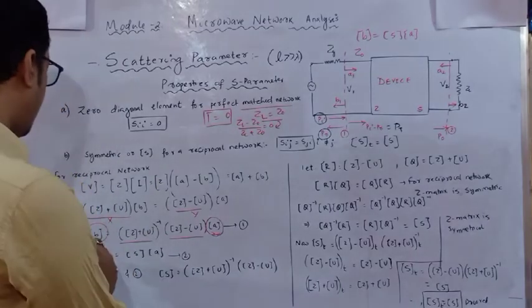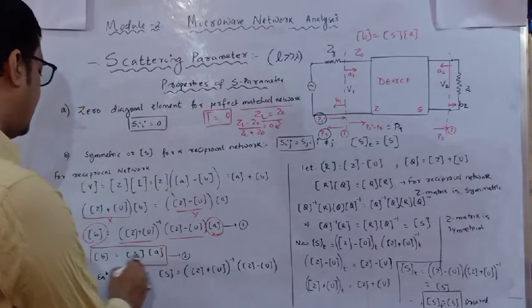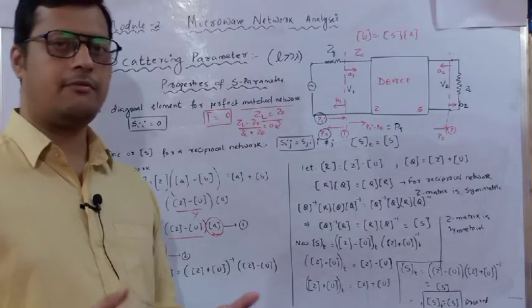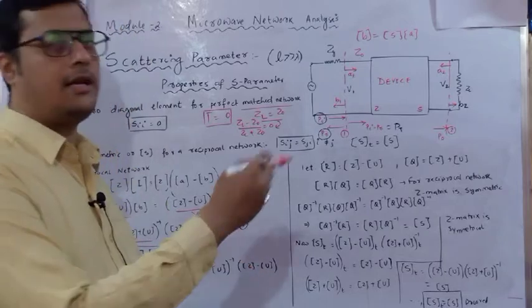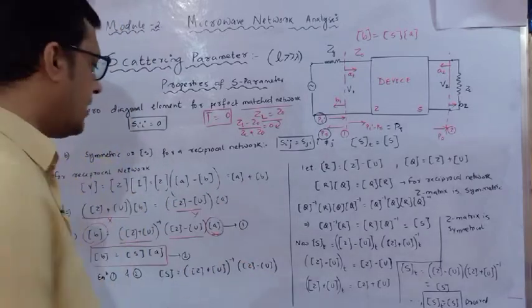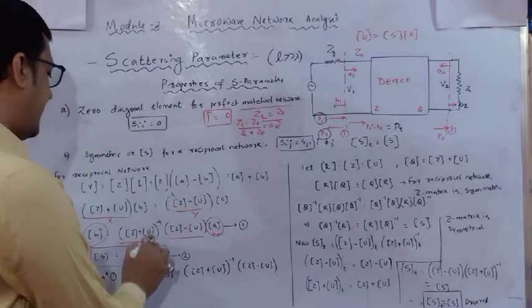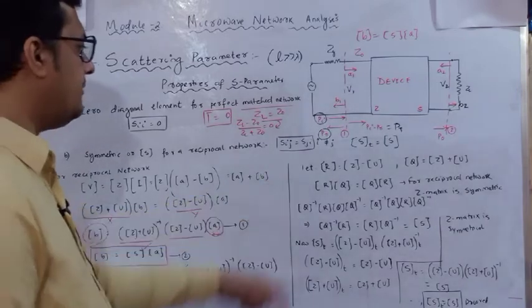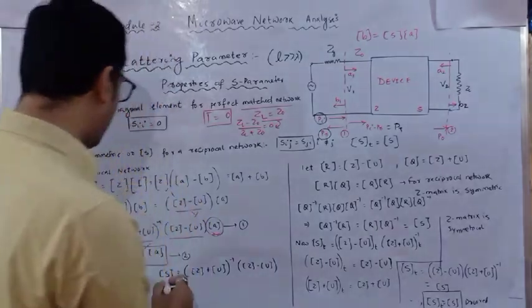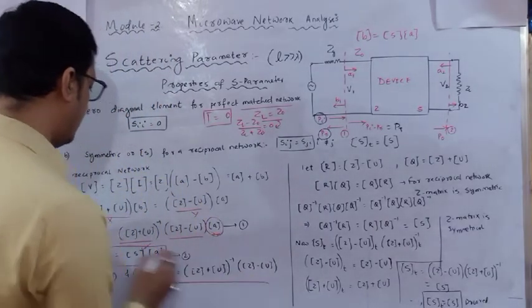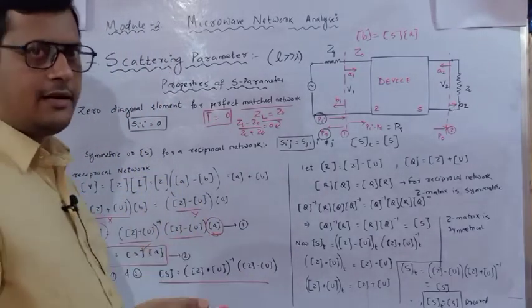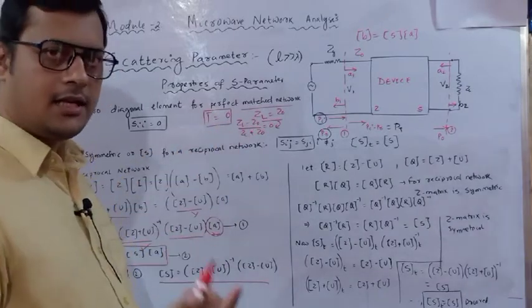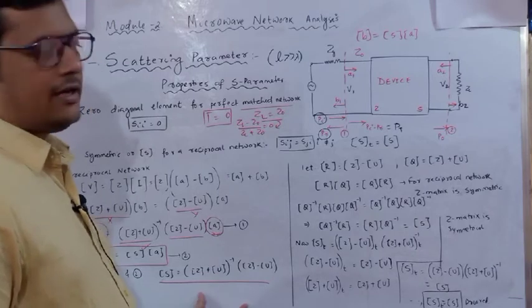Now we have a general equation, B is equal to the S parameter into A, because this S parameter forms a relationship between the reflected and incident potential. Now if you compare, S is nothing but the combination of this matrix. So here I have written, S is equal to Z plus the unitary matrix inverse into Z minus the unitary matrix.